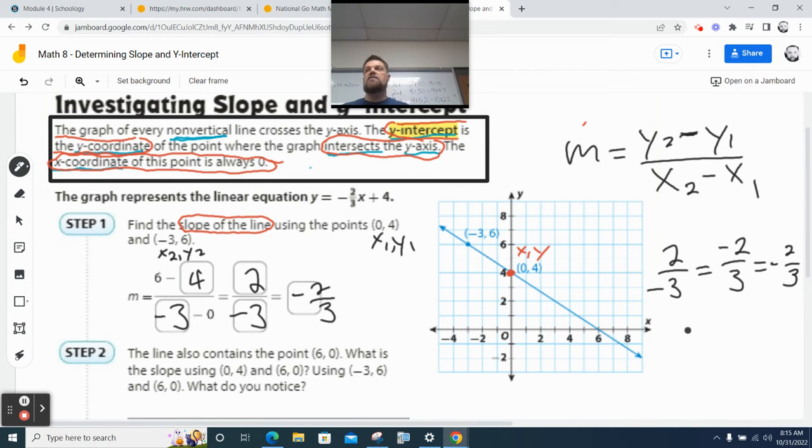It doesn't matter. By the way, when your slope is negative, a negative slope, you should be writing this down in your books. I got to see those pencils moving. Negative slope is downhill.